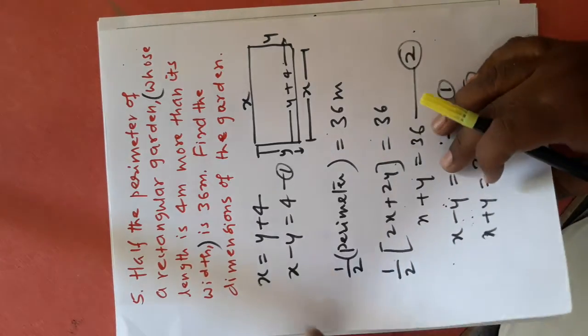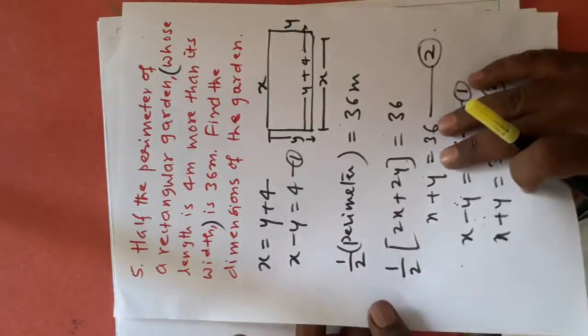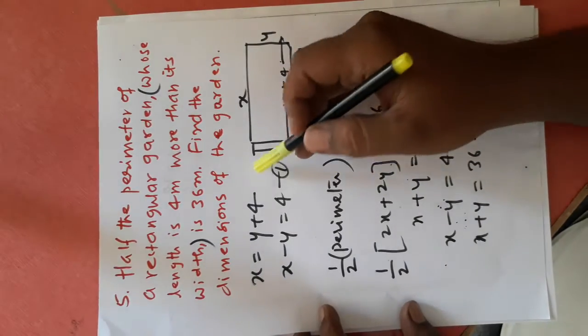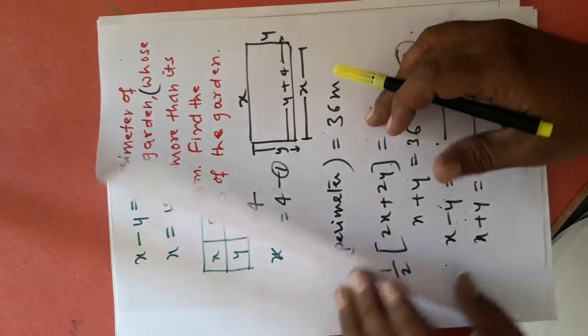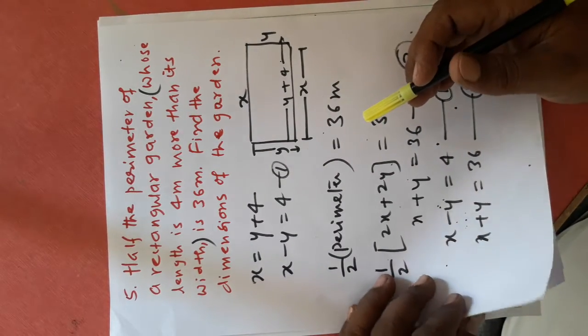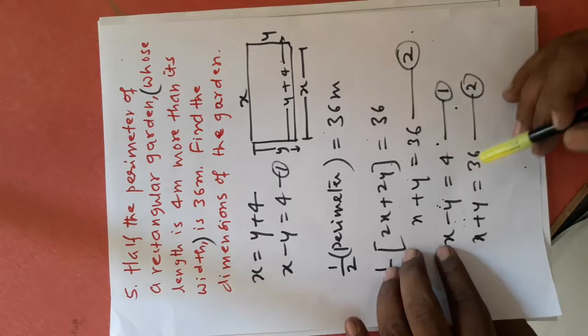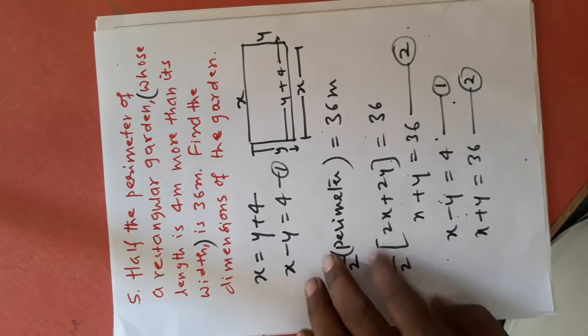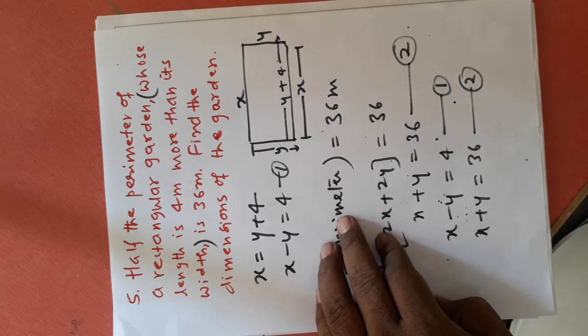I represented the equations in terms of algebraic representation. The only thing is we need to draw the graph. To draw the graph, we got some larger numbers here. One second, I will explain how to take the values.